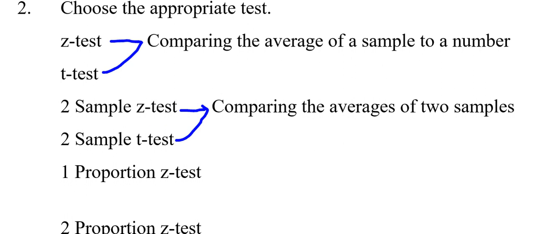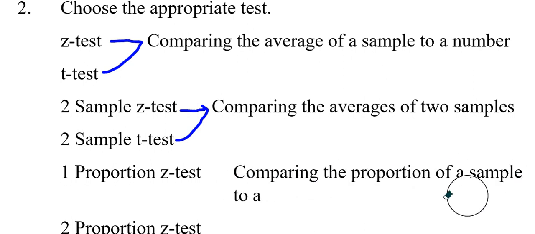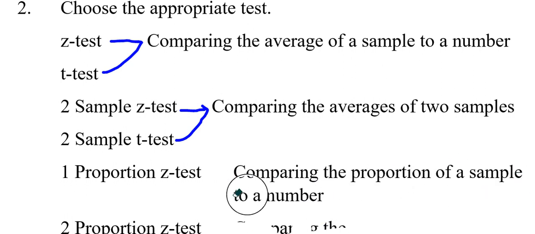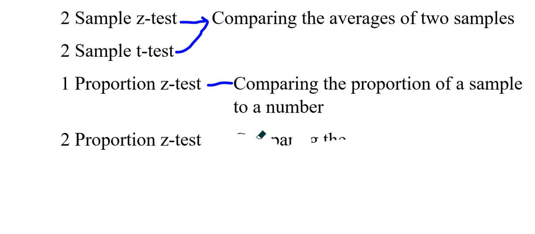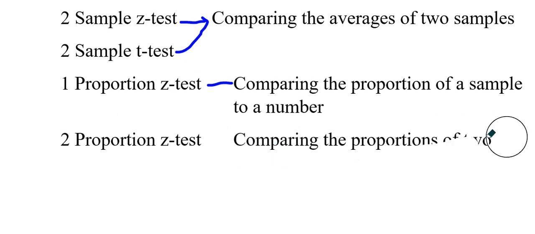Okay, what if you're talking proportions? Well, this next item here, a one proportion z-test, that's if you're comparing the proportion of a sample to a number. And then below that, and I'll scroll down a little bit, is when you're comparing the proportions of two samples. Okay? Notice when we talk proportions or percentages, there's no z, there's no t.